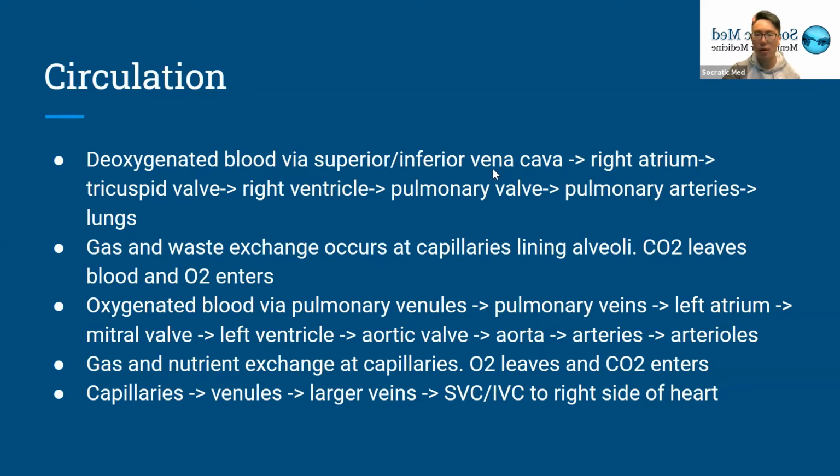Those are the vessels sending the blood back to the heart on the right side. So deoxygenated blood comes back from the rest of your body and enters the right atrium via the superior and inferior vena cava.